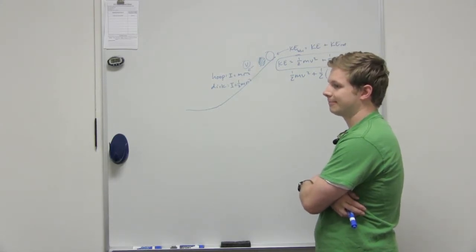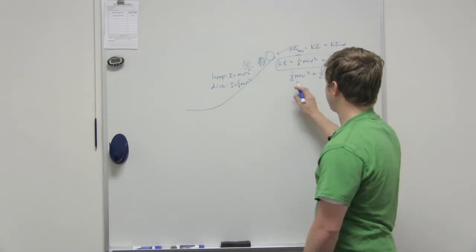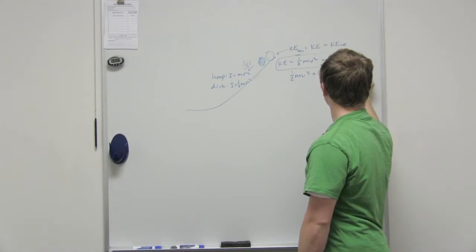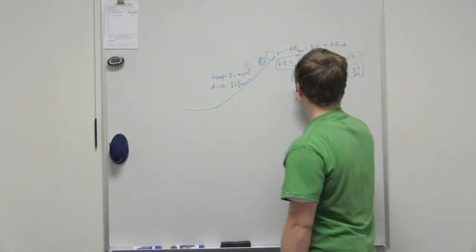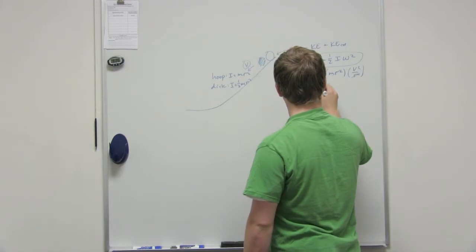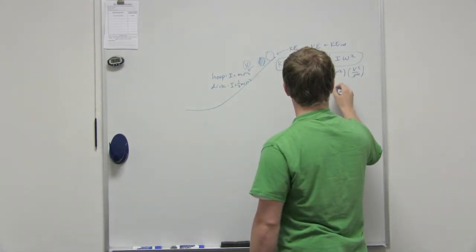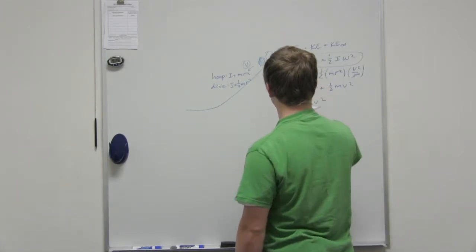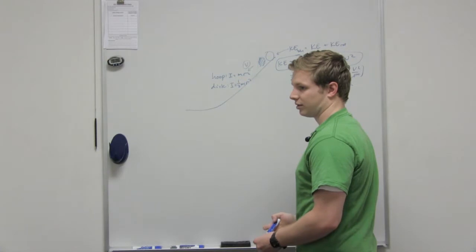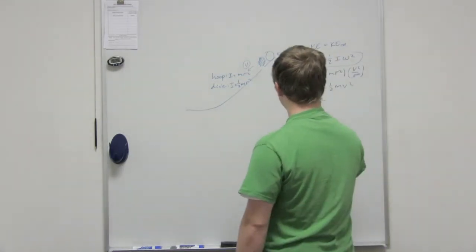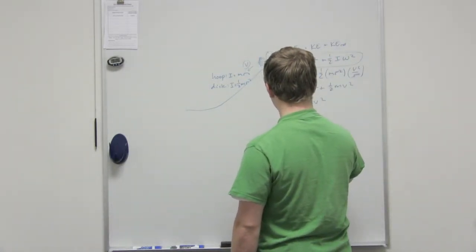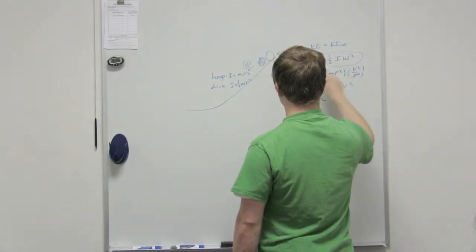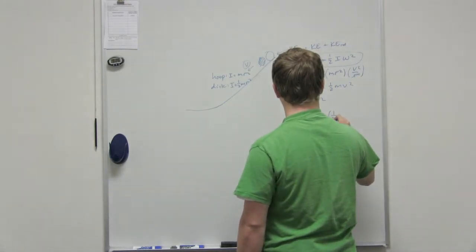So if you plug this in for the hoop, you have mr squared times v squared over r squared. Cancel those, so you get 1/2 mv squared plus 1/2 mv squared. In the end, for the hoop, it's just mass times velocity squared. For the disc, we start with the same formula and use the I for the disc.